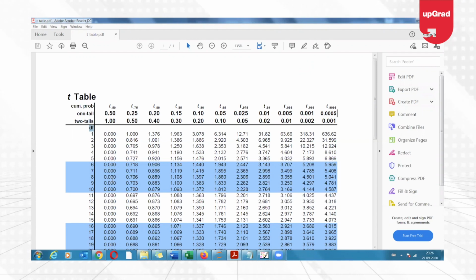Here my degrees of freedom is 9, so I'll come here, and this is the critical value for degrees of freedom equal to 9 for a one-tailed test with the significance level of 0.05. So let's note down this value, 1.833.